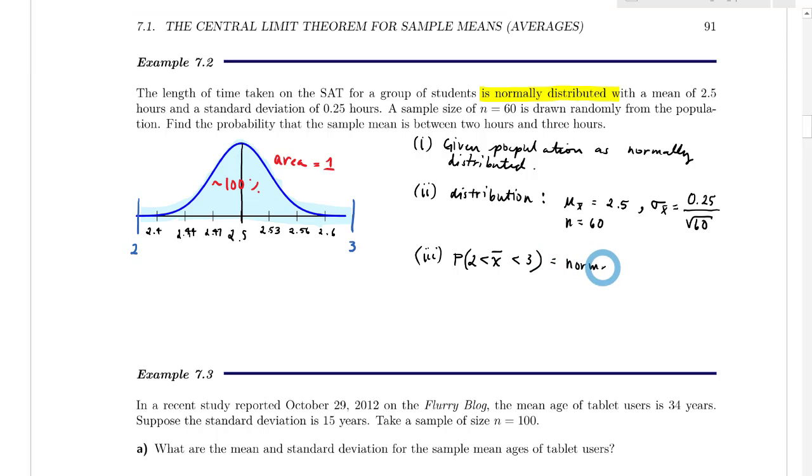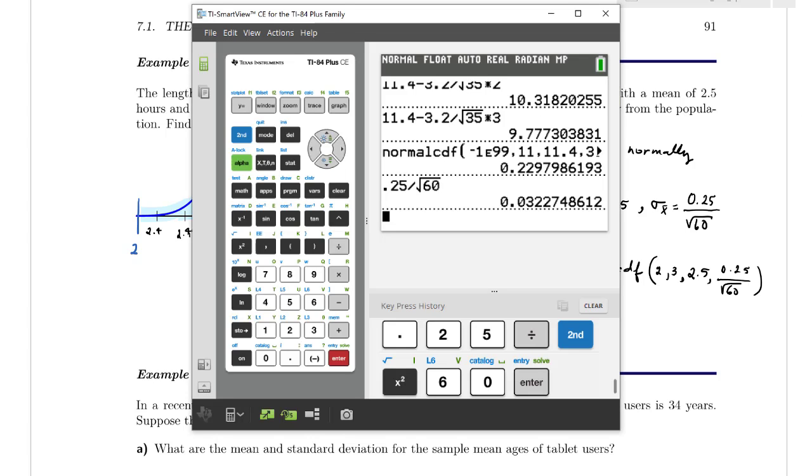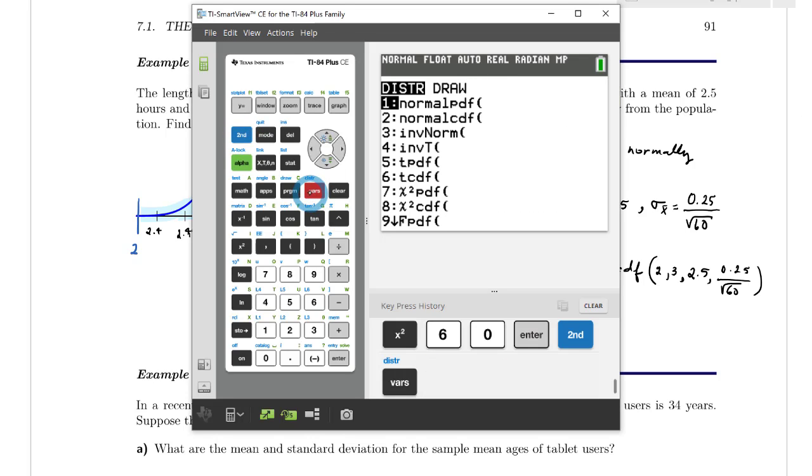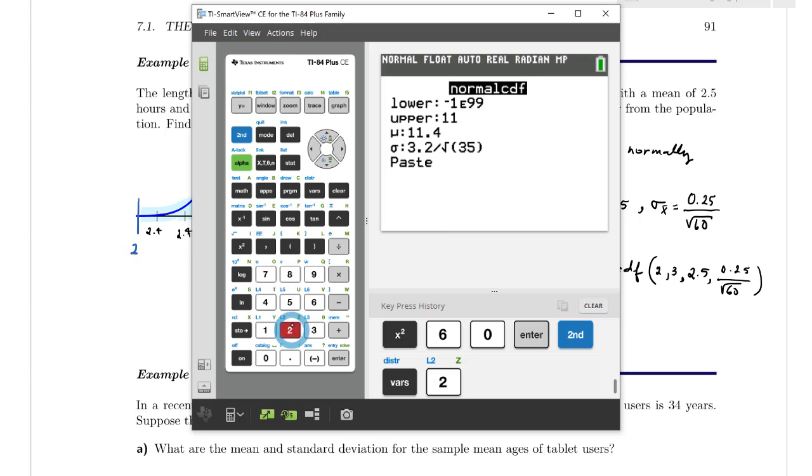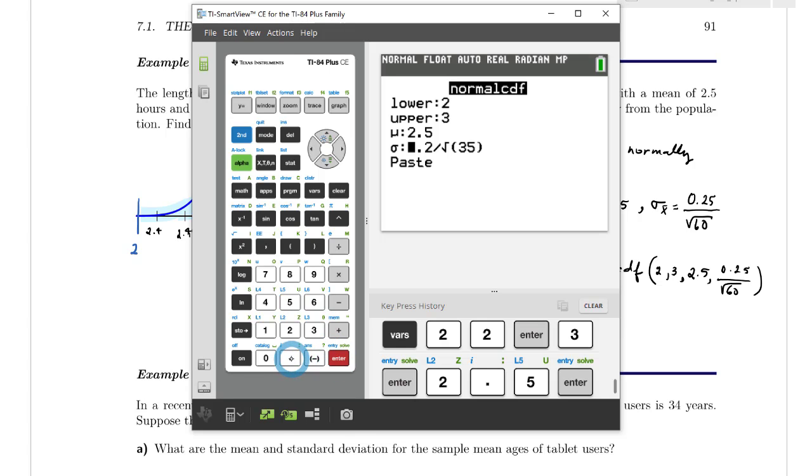Again, we're going to have the normal CDF. We have left and right endpoints, so 2, 3, the mean of 2.5, and the standard deviation of 0.25 over the square root of 60. If I go to the calculator and enter this, I would hit second distribution, normal CDF, and change this to 2, enter 3, enter 2.5, enter, and then 0.25 divided by the square root of 60.